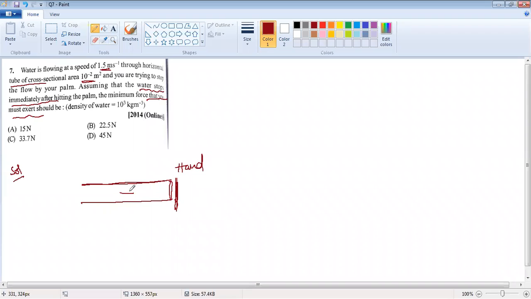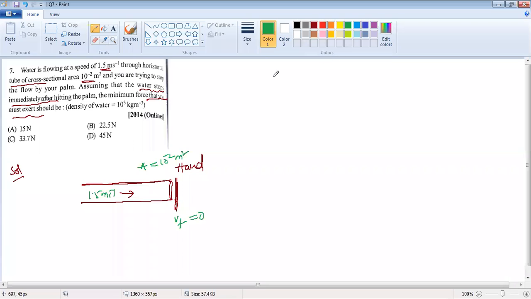With what speed is it coming here? 1.5 meters per second. Now this area will be 10 power minus 2 meters square. So if the water stops here, the final velocity becomes 0.